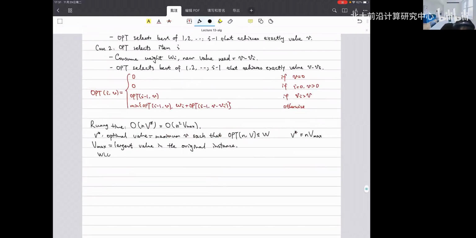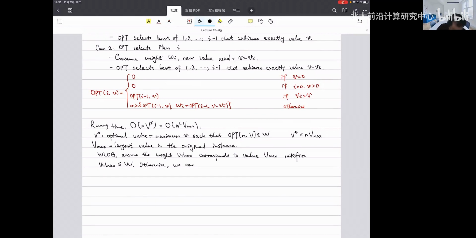Without loss of generality, we can assume the weight W max corresponding to this V max satisfies W max smaller than or equal to W. Otherwise, even if V max is really good, its corresponding weight is larger than your limit W, so you can never choose it.